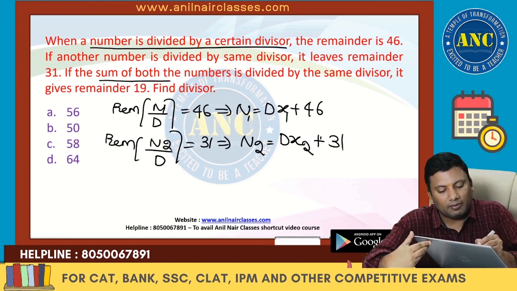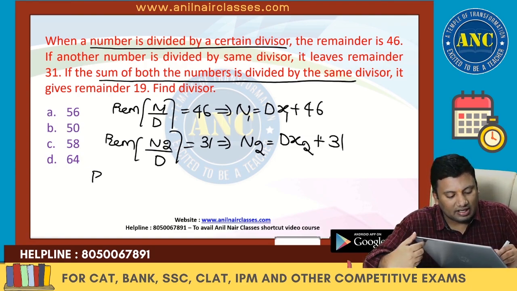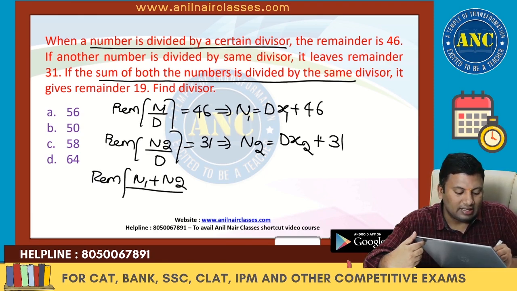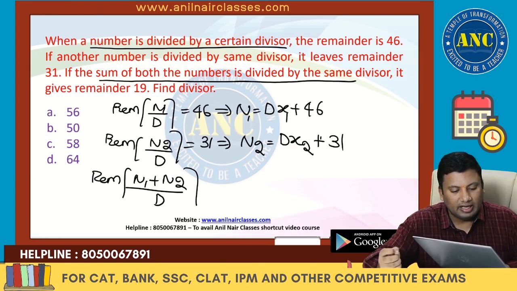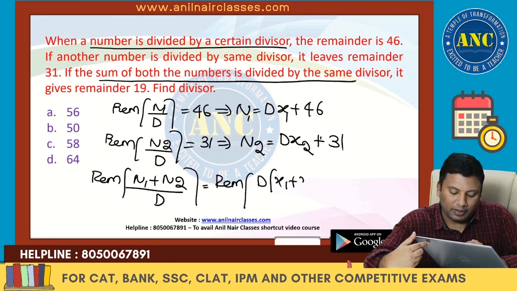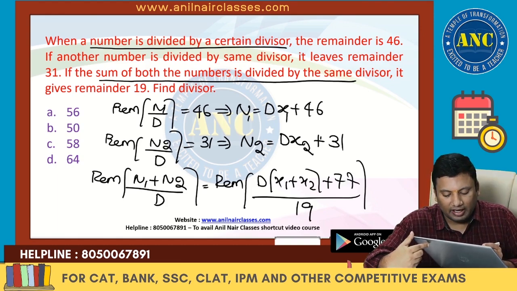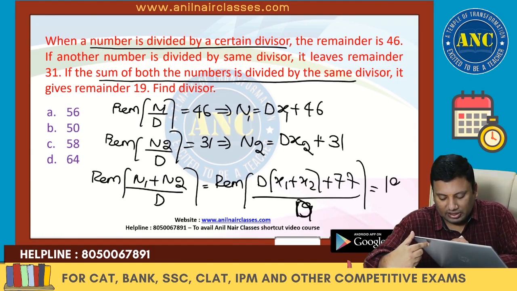If the sum of both the numbers is divided by the same divisor, so this is nothing but n1 plus n2 divided by d. So this is nothing but the remainder of d into x1 plus x2 plus 77, divided by d. Right, the remainder is 19.